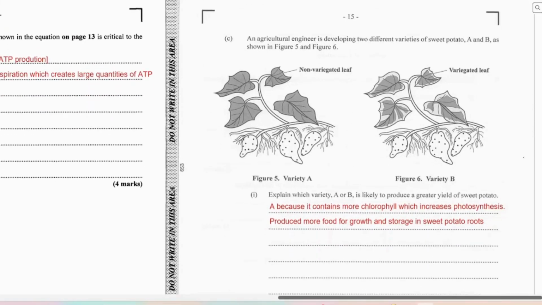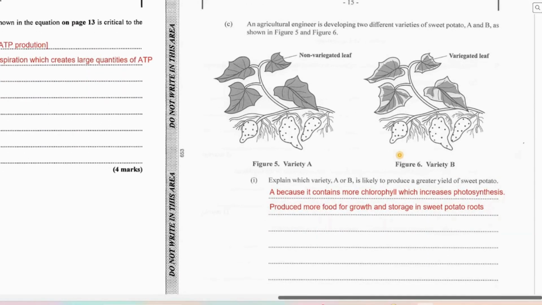So if you could recall, I'm not sure if you would have done the experiment in school, but I think you should have at least touched on it, if not physically done the experiment. You would have done an experiment between variegated leaves and non-variegated leaves to see where you would get a positive iodine test.